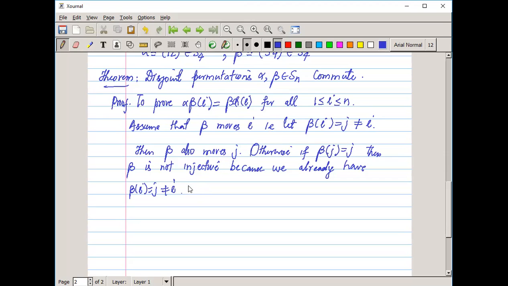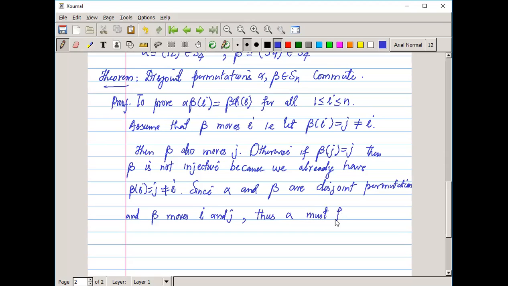Okay, now let's proceed towards what alpha does to this i and j. Now since alpha and beta are disjoint permutations, and beta moves i and j, thus alpha must fix both i and j.